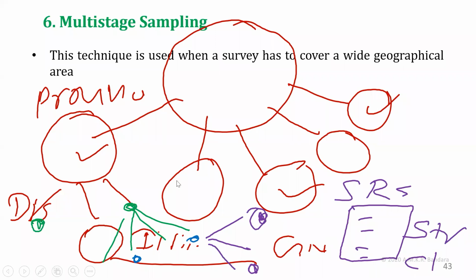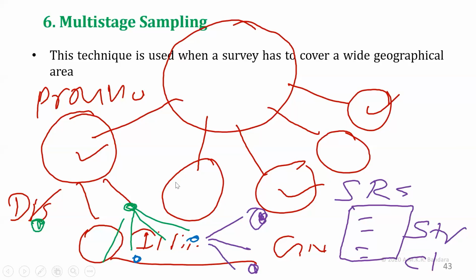In each stage, you can use a different method. Here you can purposely select. Assume someone wants to know the characteristics of fish farmers.